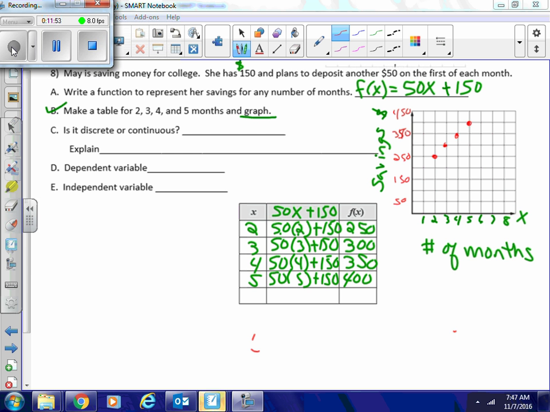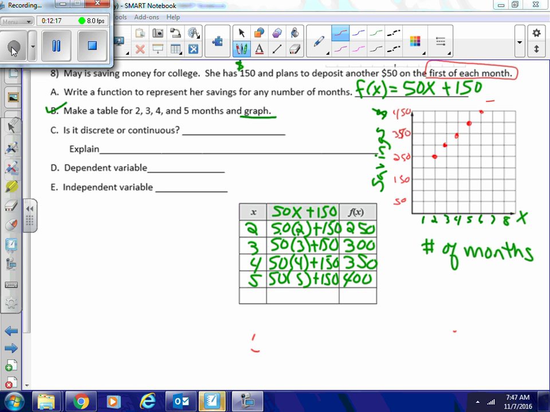Okay, now we've got to decide if this is discrete or continuous. Certain situations depend. On this one, we see that May is depositing on the first of each month. That's once a month and only once a month, so she wouldn't be making little deposits in between. So this, now it does continue on.